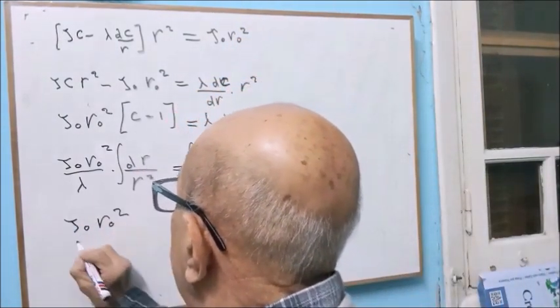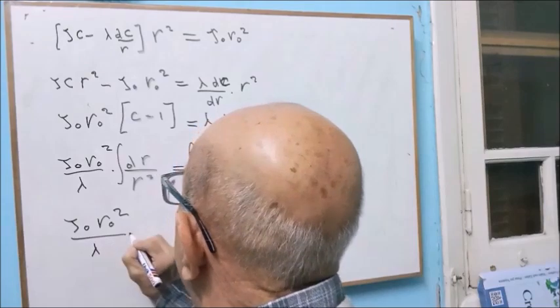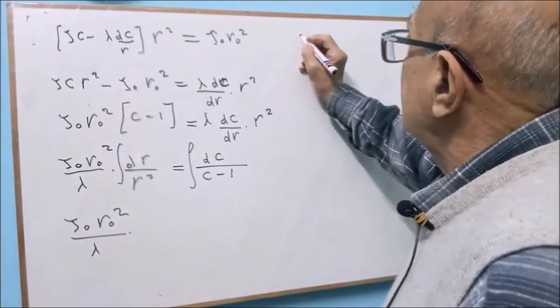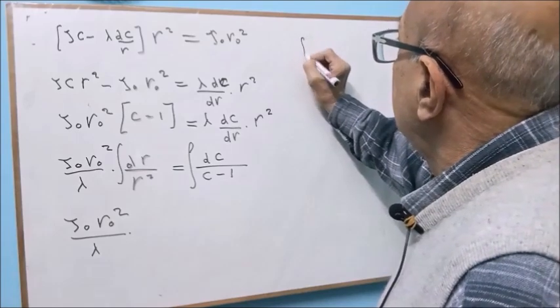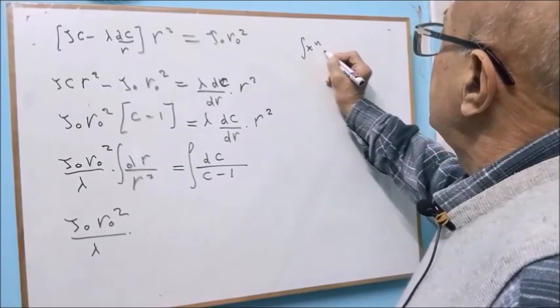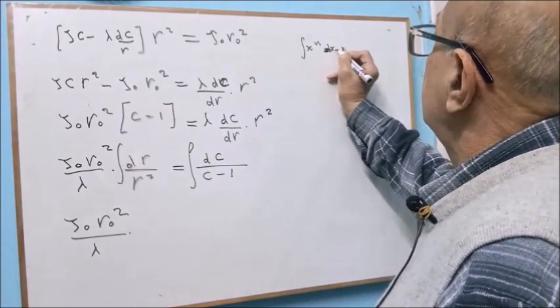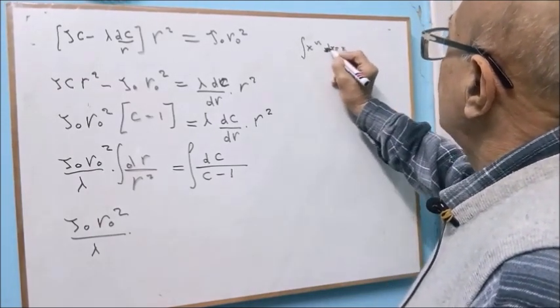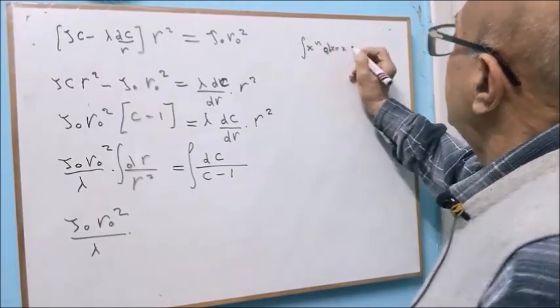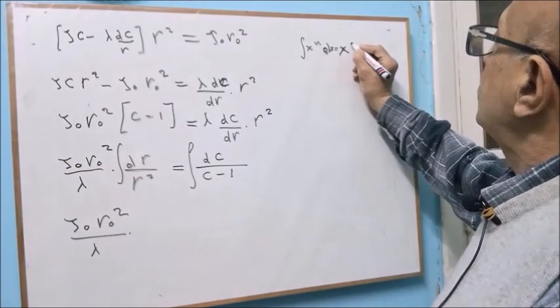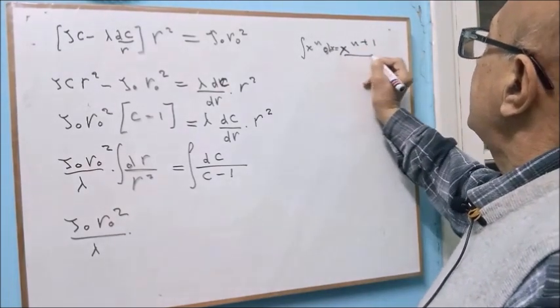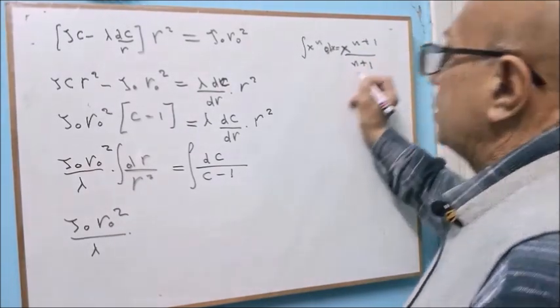J0 R0 squared over lambda, into... I just want to remind you, with simple integration, integral of x to the power n dx equals x to the power n plus 1 over n plus 1.